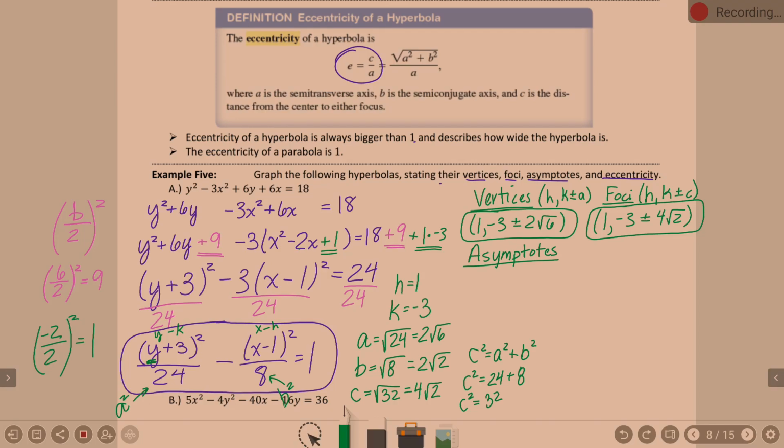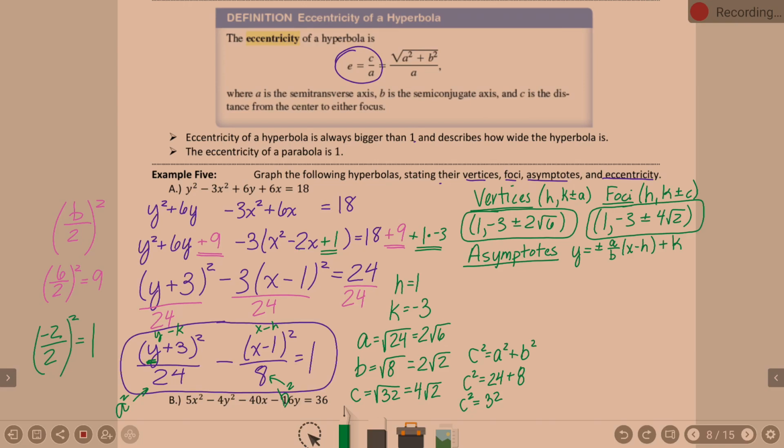This is going to be the one where it's going to be plus or minus A over B times X minus H plus K. Now, in terms of A over B here, you're going to reduce whatever fraction you have there. So you can use the simplified versions, or you can use the original versions. They both are going to simplify pretty well.